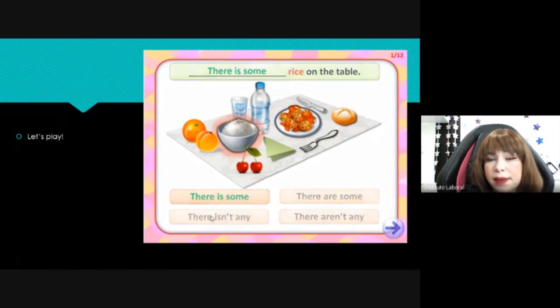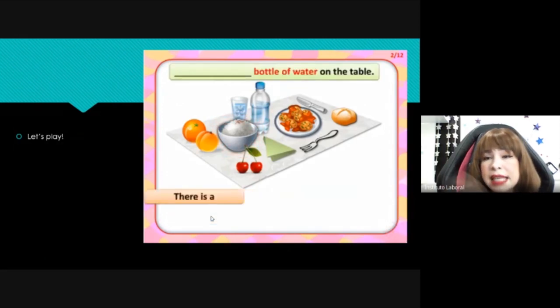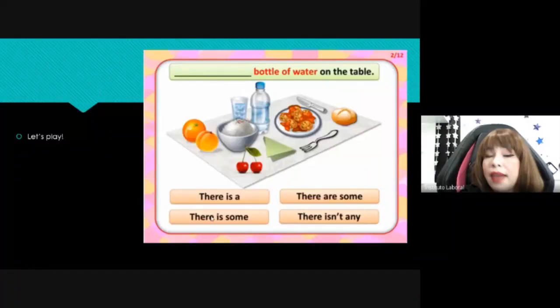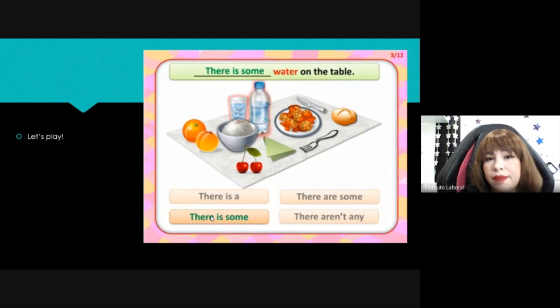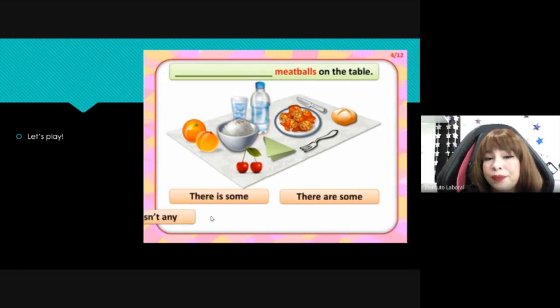There is, because rice is uncountable. There is a bottle of water. Water is uncountable. There is some water. Water is uncountable.